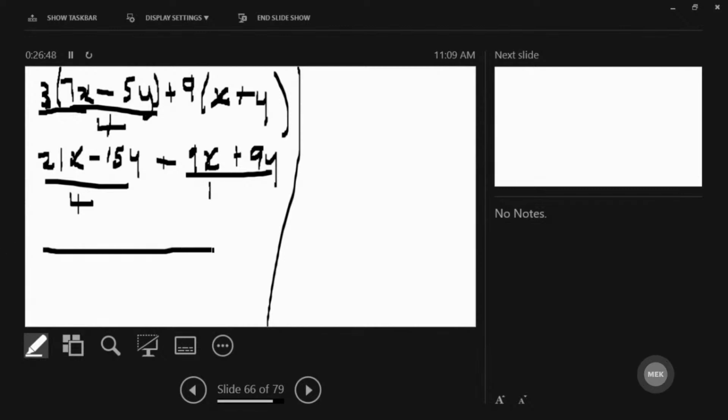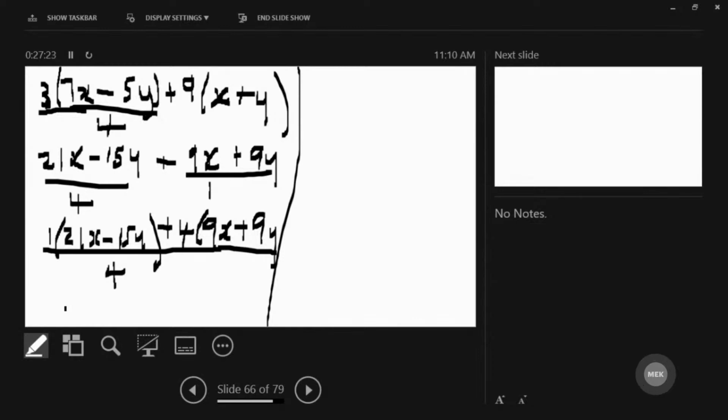And the LCM of 4 and 1 is 4. 4 into 4, 1, so same thing. 1 times 21x minus 15y. And 1 into 4 goes 4 times. So over here now we're going to have 4 times 9x plus 9y.